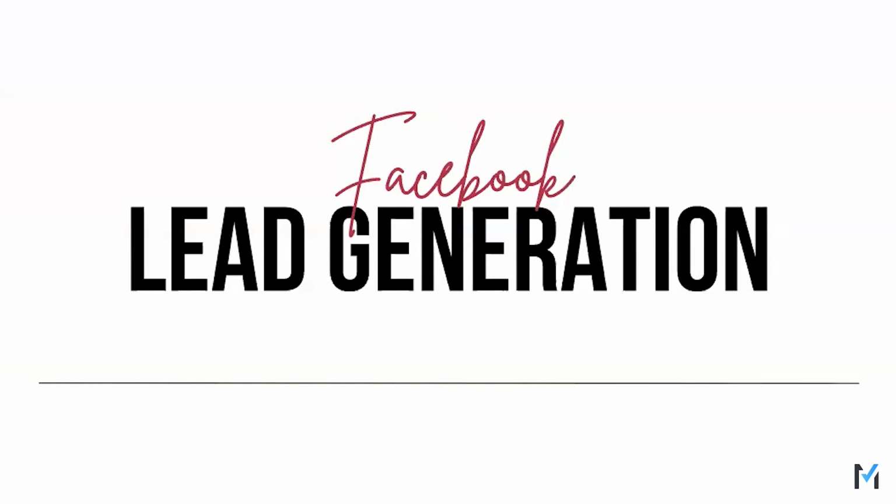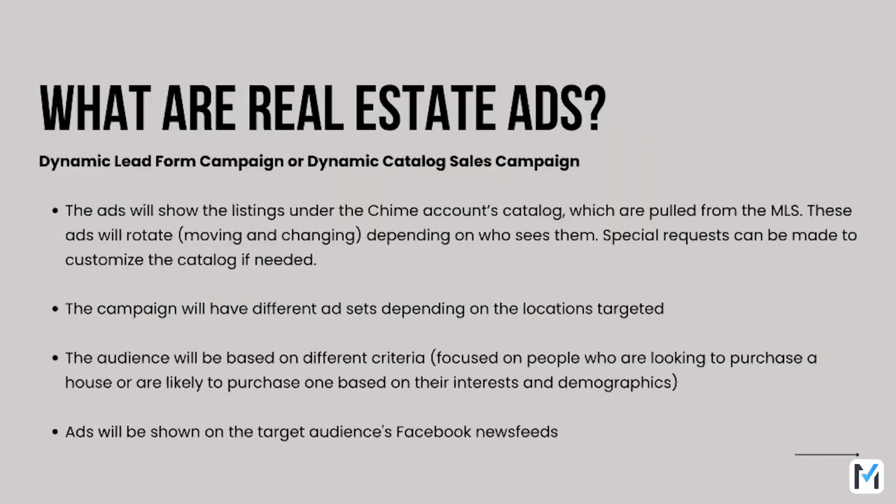So a little bit more detailed question in the Facebook lead generation. What are real estate ads? That's typically that dynamic lead form that they're doing. These ads show up under the Chime account catalog, and they pull directly from the MLS. So that's where I mentioned those listings are being pulled from. These campaigns will have different ad sets depending on the locations targeted, so you'll have a couple different variations there.